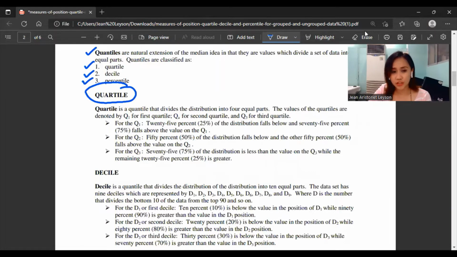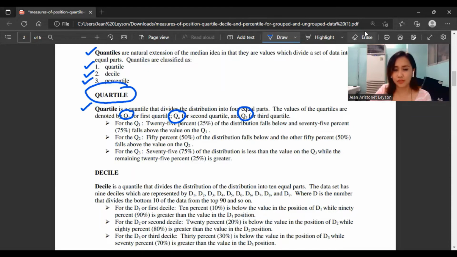So by definition, a quartile is a quantile that divides the distribution into four equal parts. The values of the quartiles are denoted by Q sub 1 for the first quartile, take note, Q sub 2 for the second quartile, and Q sub 3 for the third quartile.